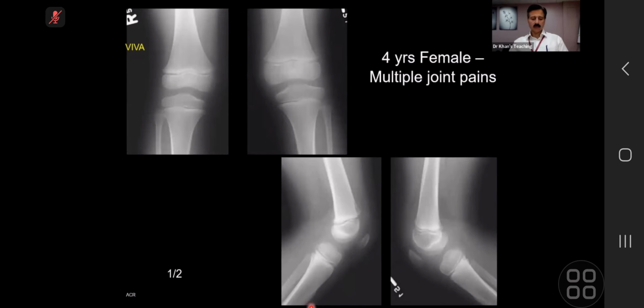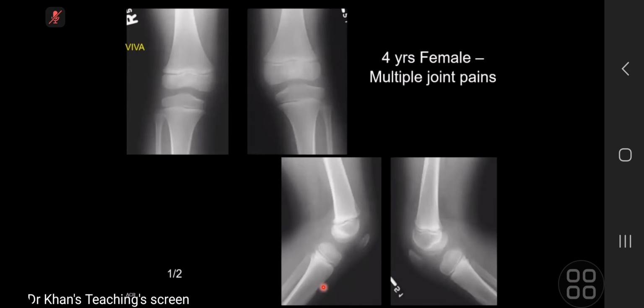Right, a 4-year-old female with multiple joint pains. So these are frontal and lateral plain X-rays of the joint. There is widening of the joint space. Oh, sorry, yes. Better.